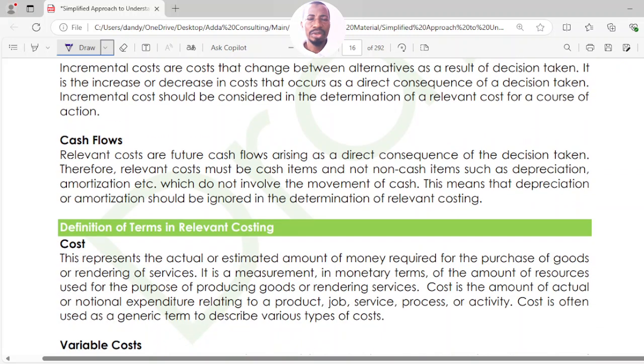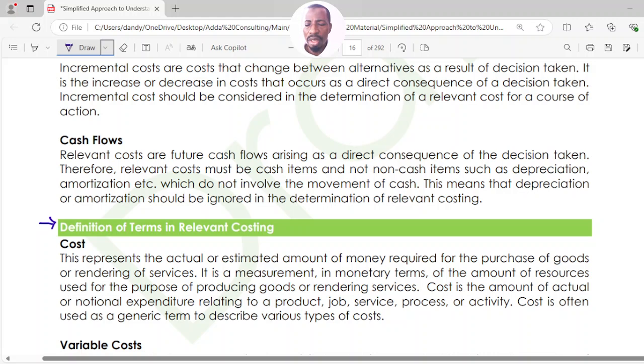Now, let's talk about some terminologies in relation to relevant costing. What do you understand by cost? Cost represents the actual amount of money required for the purchase of goods or for the rendering of services.